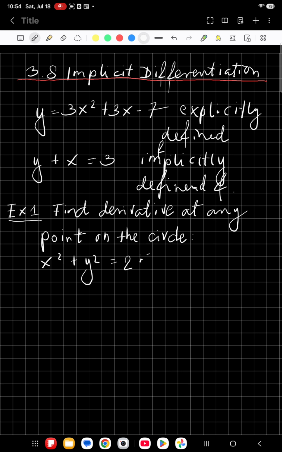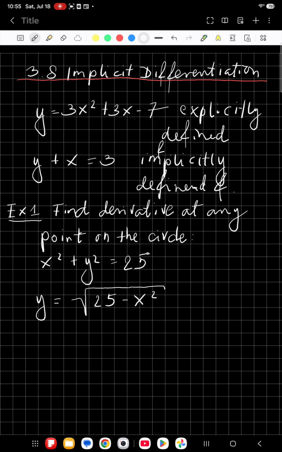And you see that this is an example of an implicitly defined function, because we don't have y on the left side, and we don't have the rest of the function on the right side. So the way we did it was we solved for y, and that was the square root of 25 minus x squared.